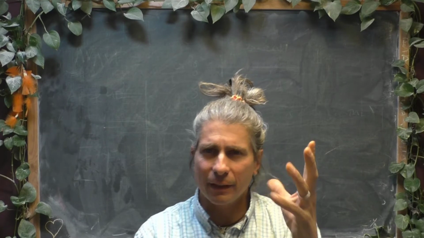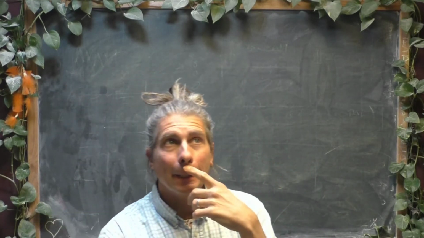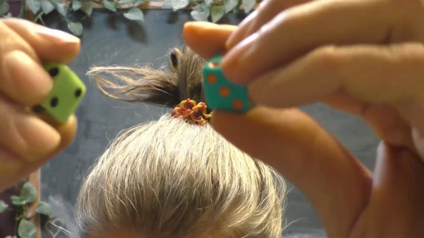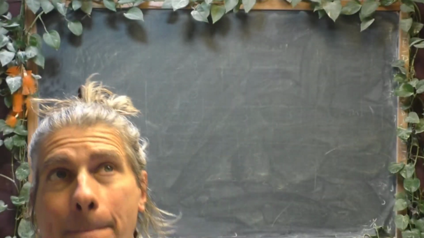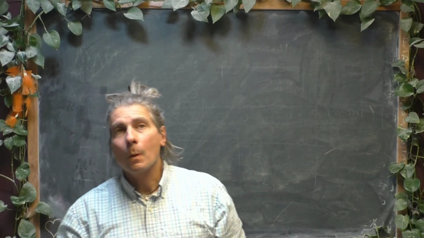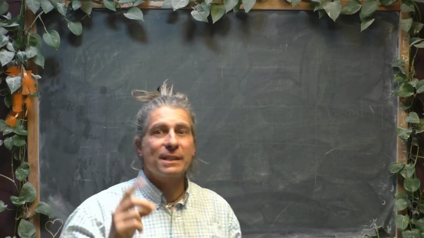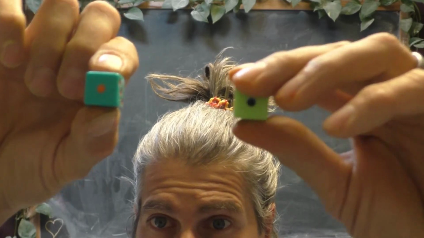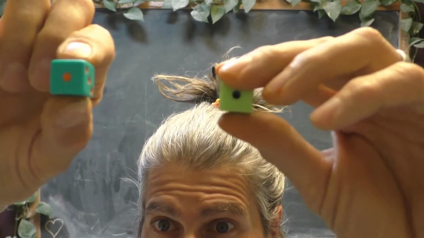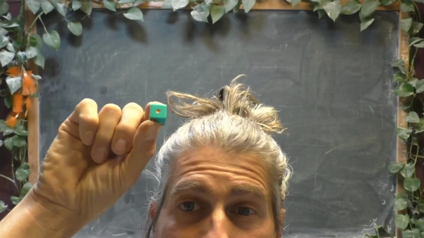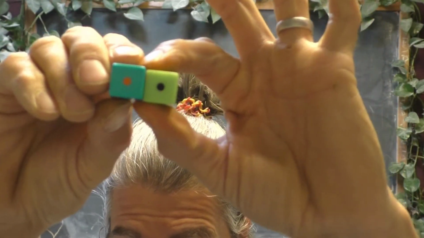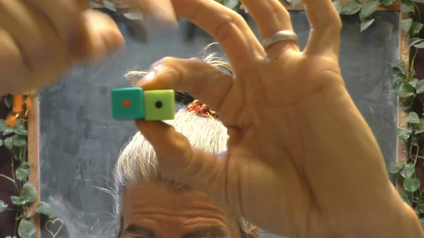Let's actually think. Let's go through it sequentially. If you've got one die with 6 sides and another die with 6 sides, like we just were playing with, then the first die could remain static while the second die rotates. So for example, you could start with a 1 and a 1, and that would be an outcome of the 2 dice. This one is 1 and that one is 1.